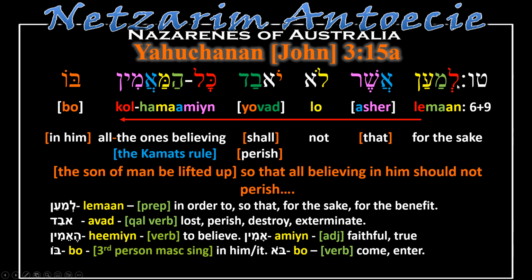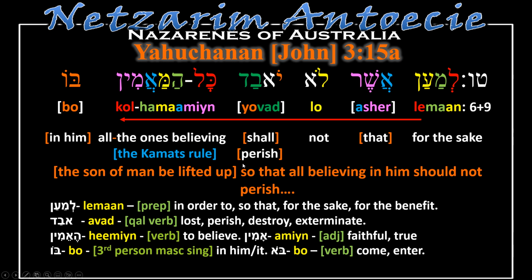So let's read it. Lema'an. It can mean for the sake. Let's have a look what other meanings it has. Lema'an is as a preposition, can mean in order to, so that, for the sake, for the benefit. So I've used for the sake, asher, that, lo, not, yovad.